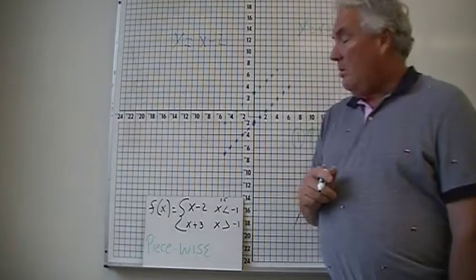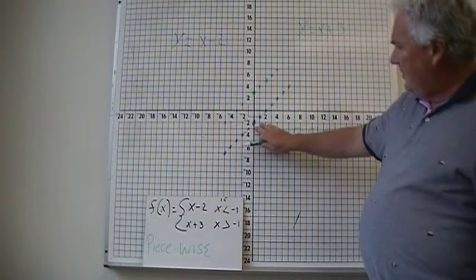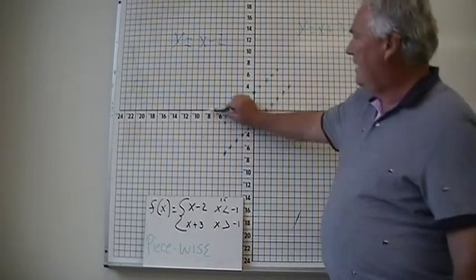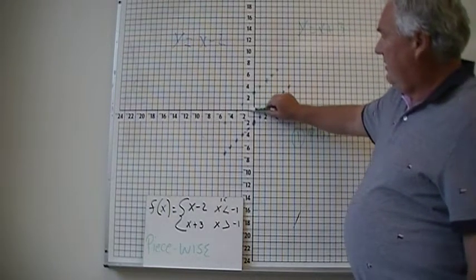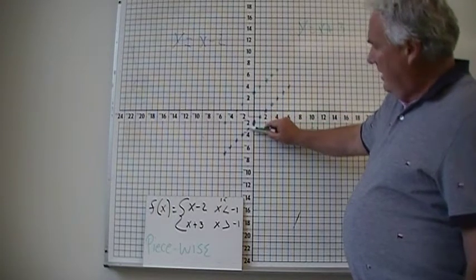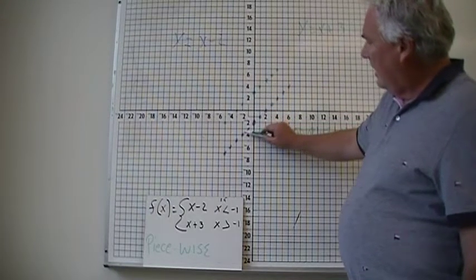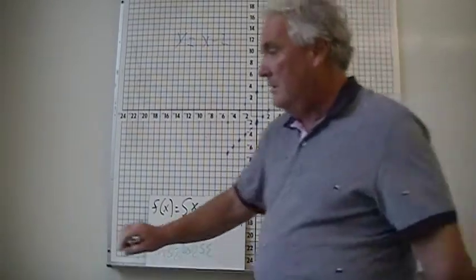Now, if x is less than -1, that's the first one. So here's our x-axis. Here's 0, and here's -1. It's only when x is less than -1 that this is going to exist.